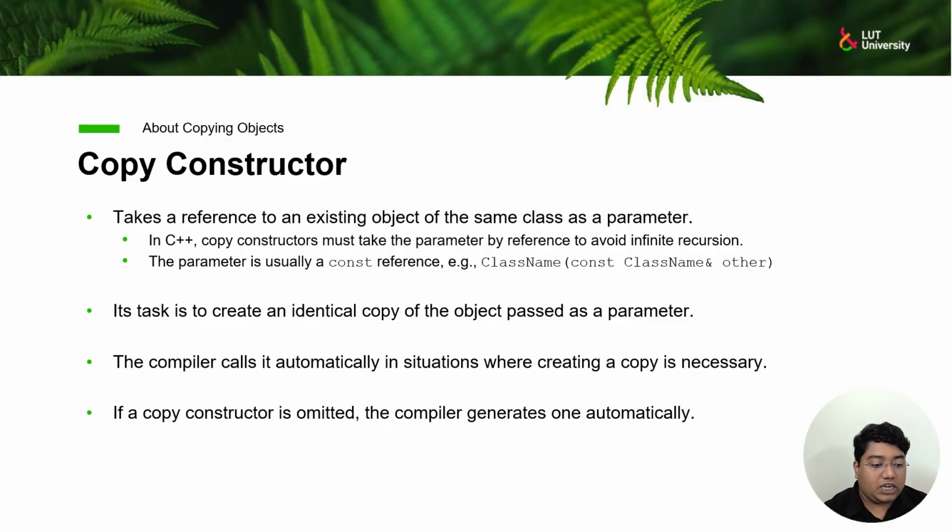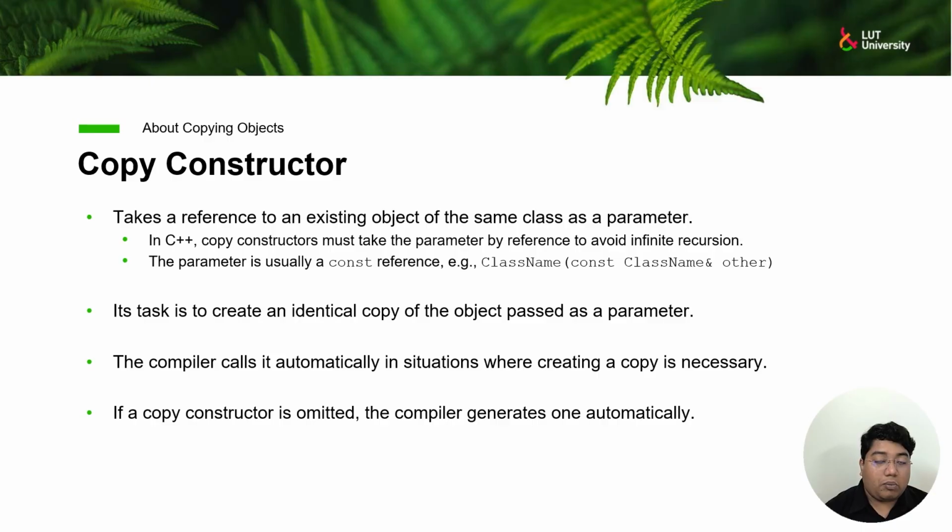If we passed the object by value instead, the compiler would need to copy the object just to call the copy constructor. We don't want that. That copy would call the copy constructor again, and then again, so it would never end. Using a reference avoids the infinite recursion.